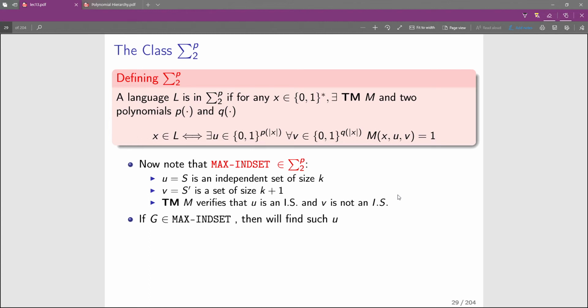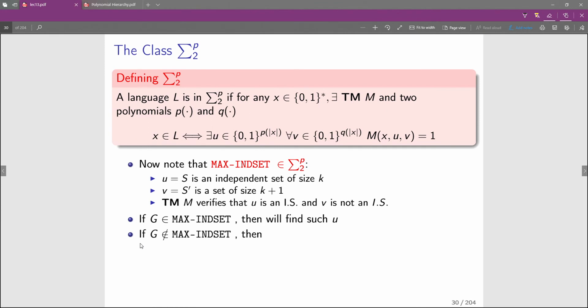If G belongs to maximum independent set, we are given K and graph G. If G has a maximum independent set of size K, then our certificate U will accept it, because U is an independent set of size K. What if G doesn't belong to maximum independent set?